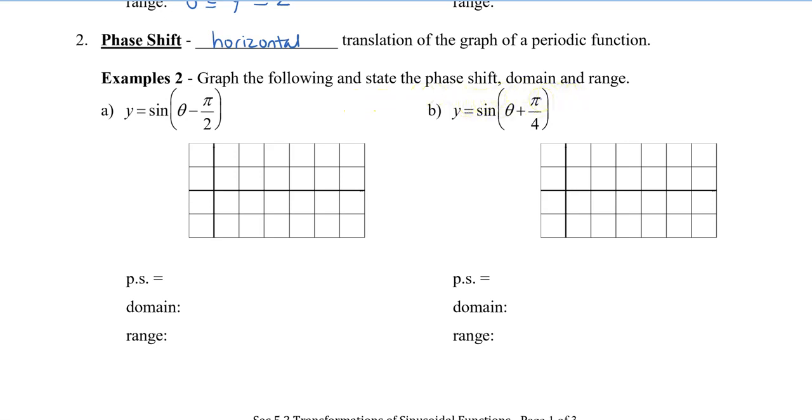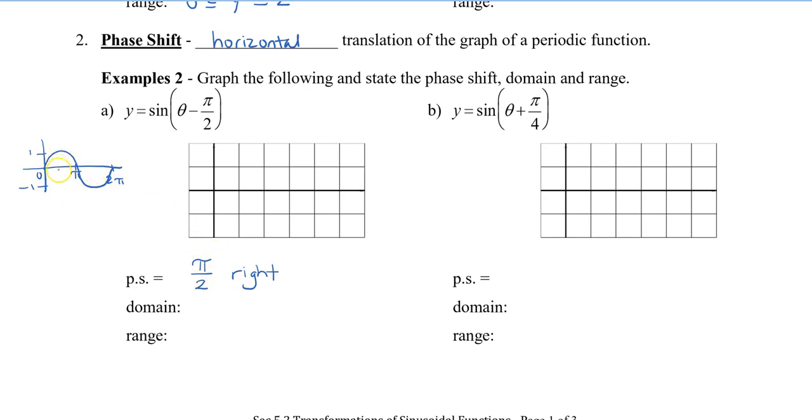So we notice that inside the brackets, it's theta minus pi over 2. So we now know that this is pi over 2. And to help us a little bit more, because it's a minus, we know that this is shifted to the right. So again, keeping in the back of our mind what the sine graph looks like, I'm now going to shift this whole graph, this basic sine graph, pi over 2 units to the right.